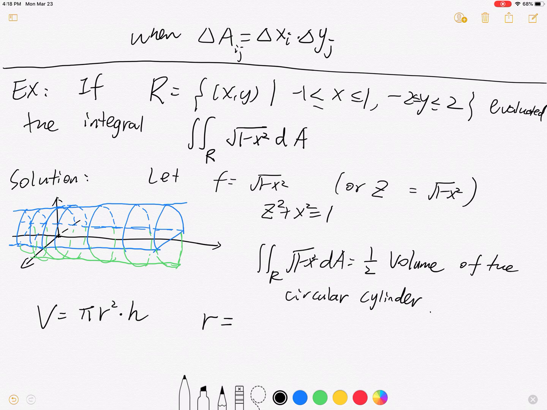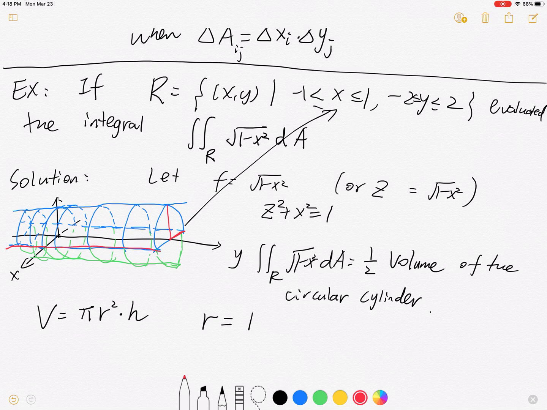So where r from this picture is given by this one. Also recall this is x, y. So this is given by this condition. So r is 1. And what is h? h is given by this.